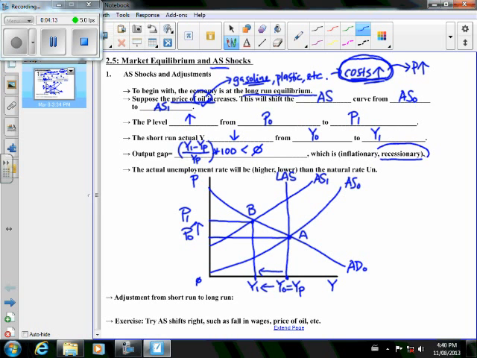This is a recessionary gap. Actual unemployment versus the natural rate, which is around 6 to 7-ish percent for Canada. Because firms are now laying off some workers, because production costs have increased dramatically because of increase in the price of gasoline, they have to lay off some workers, therefore unemployment rate will be higher because it is recessionary. And we can tell it is higher because output is lower.